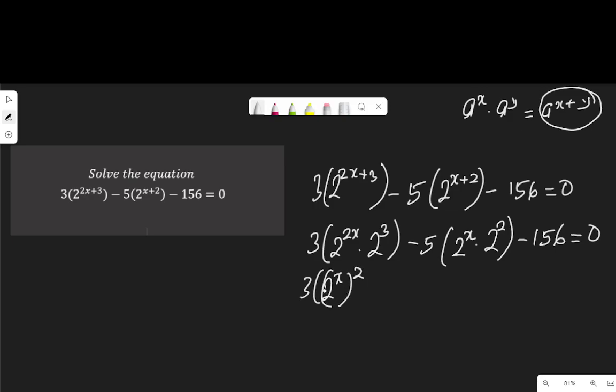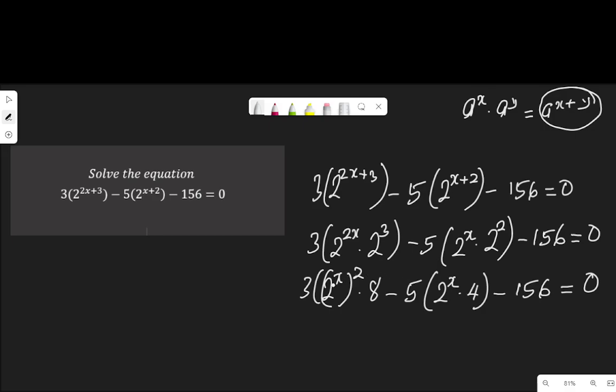I want to make this and this equal, so I have 2^x on both sides. Then multiply by 2^3, which is 8, minus 5(2^x multiplied by 2^2, which is 4), minus 156 equal to 0.